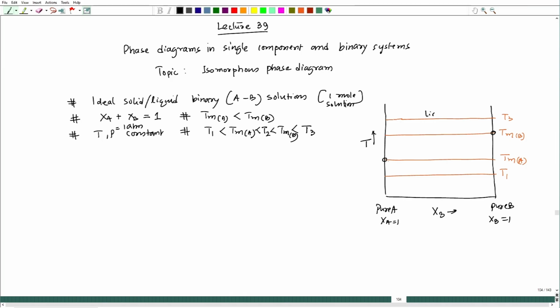So, here all liquid, here all solid, and at this location solid and liquid of pure A will coexist, and here solid and liquid of pure B will coexist. Now we will see at this temperature, T2, what happens.